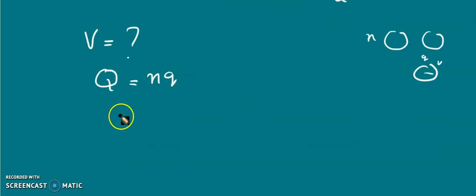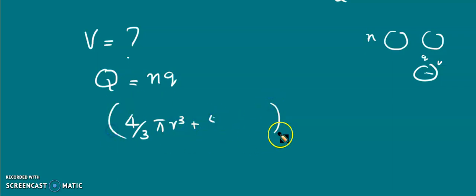So if there are n drops, then 4 by 3 pi r cube added n times is equal to 4 by 3 pi capital R cube.